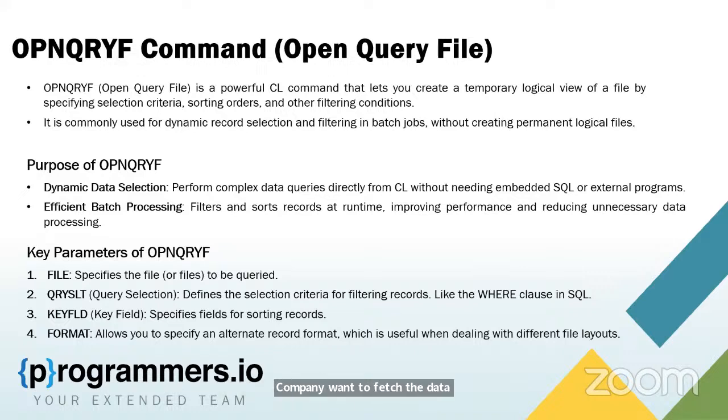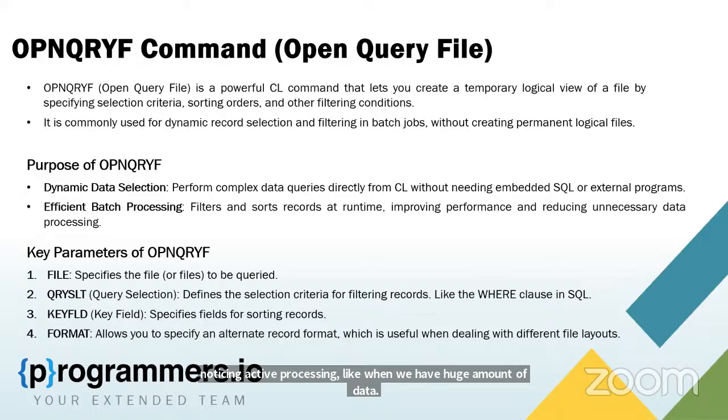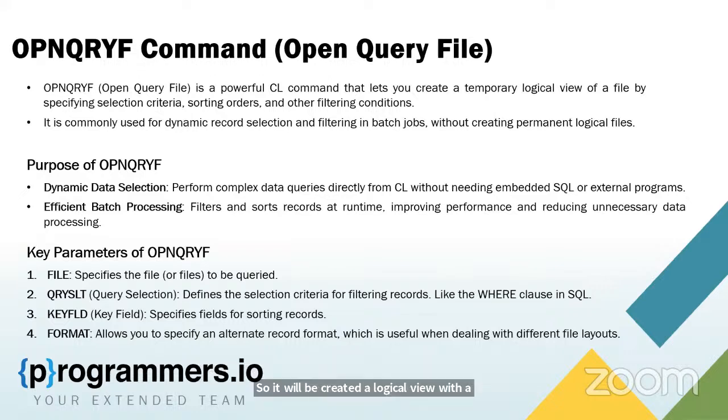So we can just open the file on the basis of some specific query, or some filtration criteria or selection criteria. So only for Rohit, it will be fetched. It is useful for effective batch processing: when we have a huge amount of data, a logical view will be created with a small amount of data, so that the processing will be overall easy, and we can save time as well.